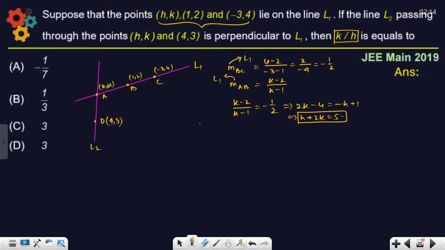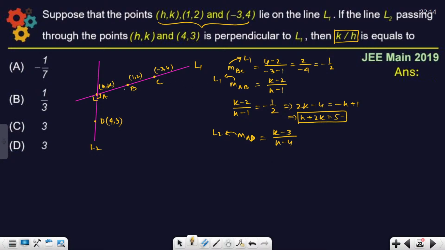So how to find out this? They have said that L1 and L2 are perpendicular, that is they are 90 degrees. Okay. Now what is the slope of the line L2? This is the slope of L2. I'm taking 2 points A and D, but this is actually the slope of L2. What is that? K minus 3 divided by H minus 4. 2-point form, right?